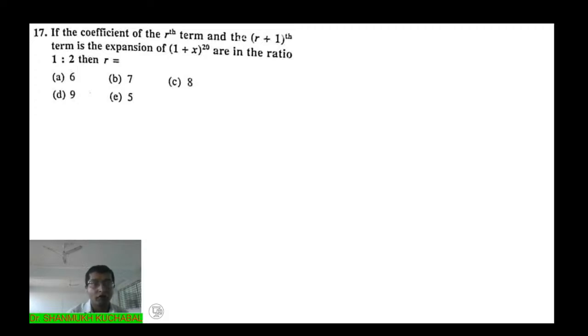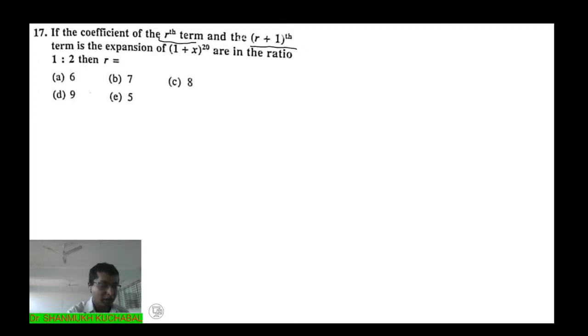If the coefficients of the rth term and the (r+1)th term in the expansion of (1 plus x) raised to 20 are in the ratio 1:2, then r equals what? First we'll write the expansion of (1 plus x) raised to 20, then take the ratio of the rth term and the (r+1)th term, and simplifying we'll get the value of r.